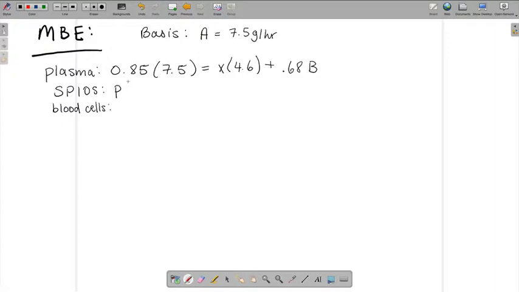Similarly, we can say that P times 7.5 is equal to 0.32 B plus Y times 4.6.